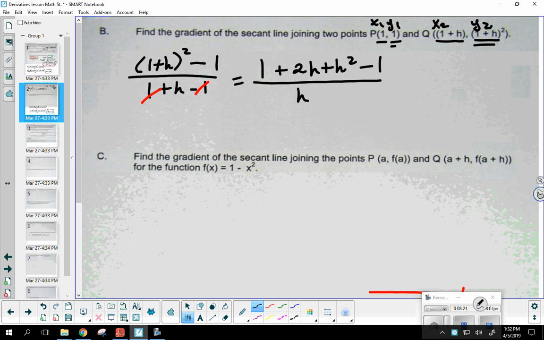And remember yesterday we talked about some different strategies you could use. You could expand it and use FOIL, the distributive property. Does anybody remember the rhyme I brought up? Square the left, square the right, double the middle. We got it right. And I've always thought it was kind of a sloppy rhyme because all you're doing is rhyming right with right.